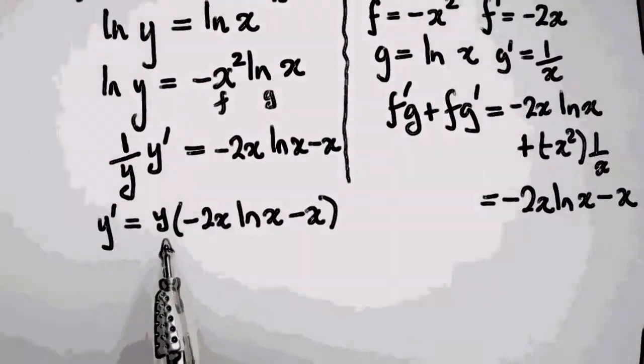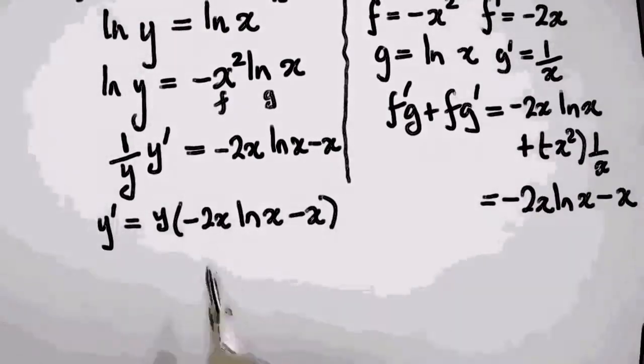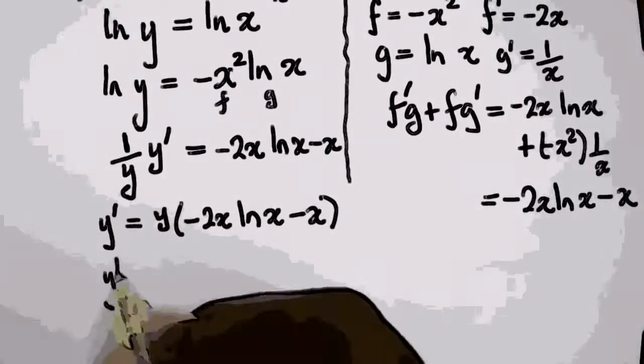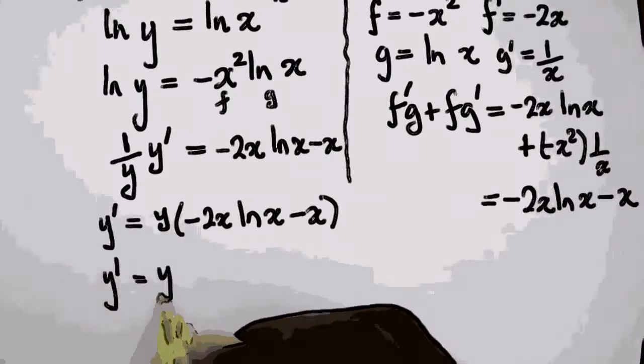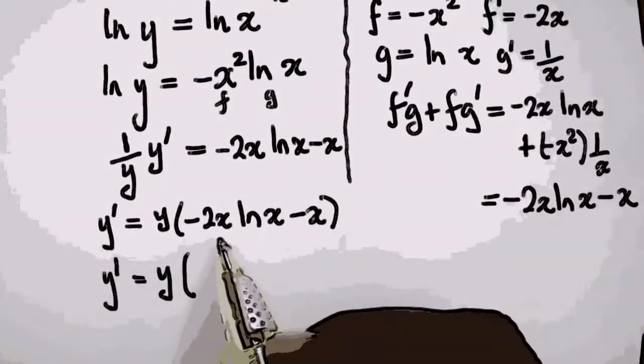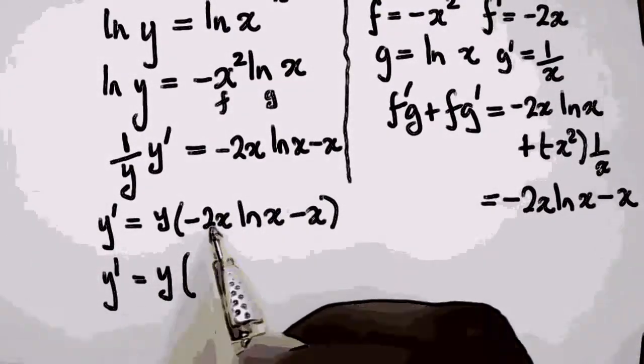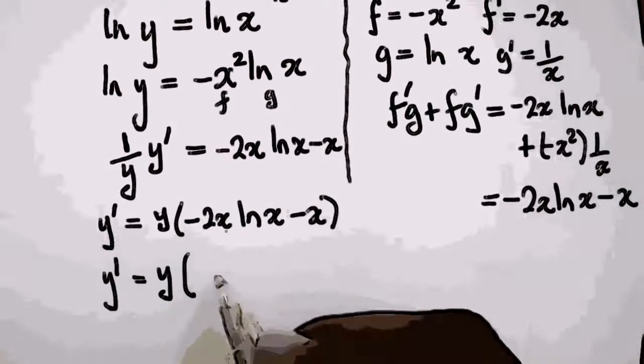Before we worry about our y, let's play around with the inside a bit. Let's take it to another step. We're still keeping our y. Now notice we can use the power rule. We can bring the 2 up, and we remain with negative x.